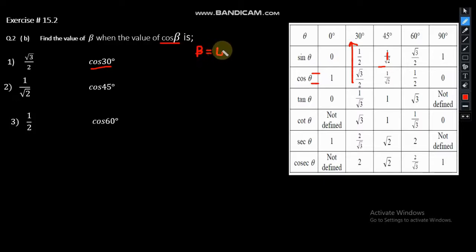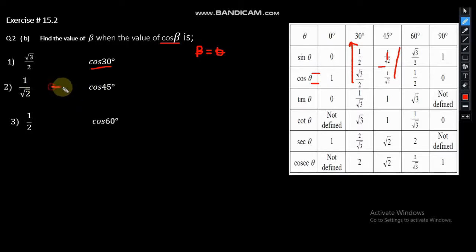Now 1 upon root 2 is equal to cos 45 degree.